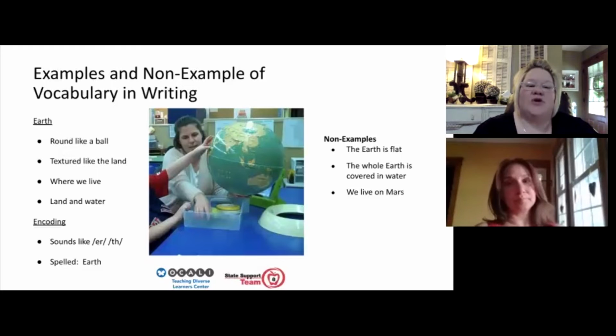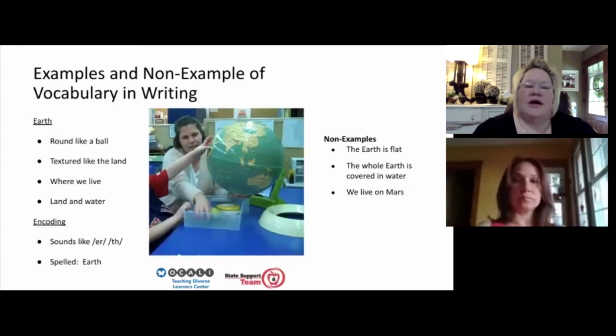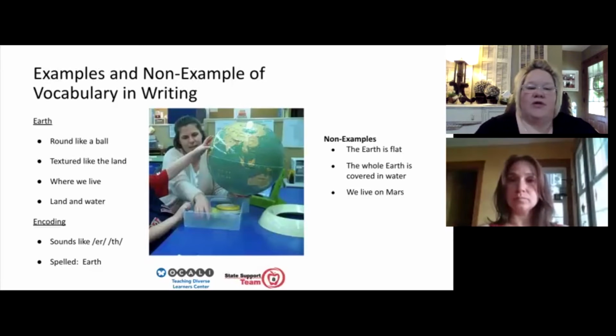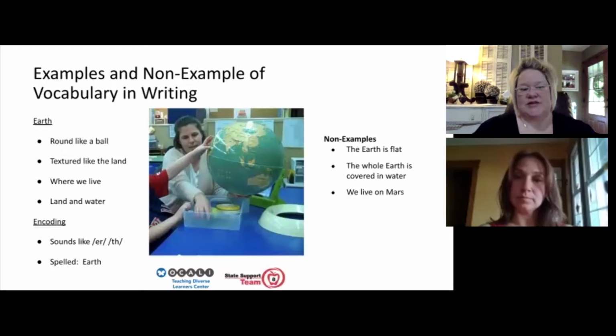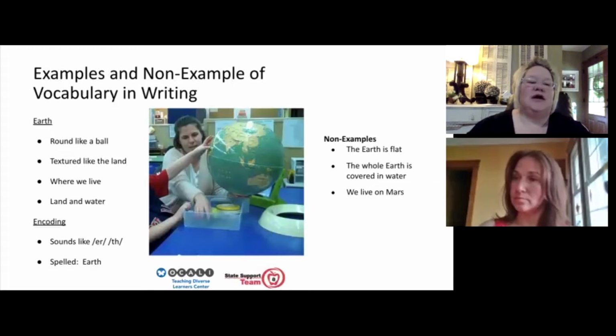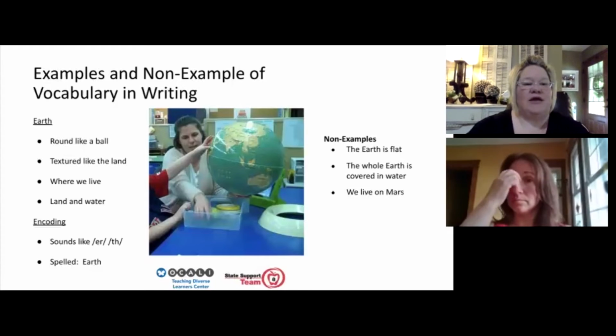And then how is earth spelled, or orthographically? What are the actual graphemes that we are going to write on the paper that represent those specific sounds? And so again, all of this is explicitly taught before we would expect a student to have to spell that word in context in a printed assignment or something of that nature.